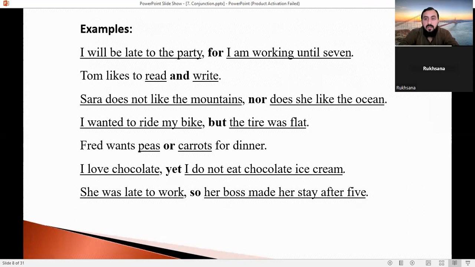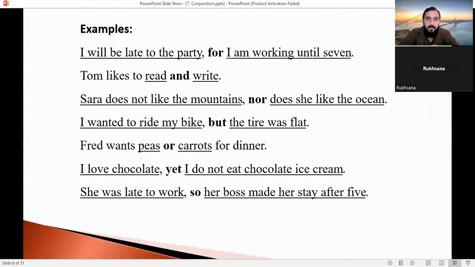We have to use an auxiliary verb with nor plus the subject and the whole sentence. So you can say nor will, nor can, nor should, nor would, nor do, nor did, nor does, nor have, nor has, plus the rest of the sentence. But it gives a negative meaning.